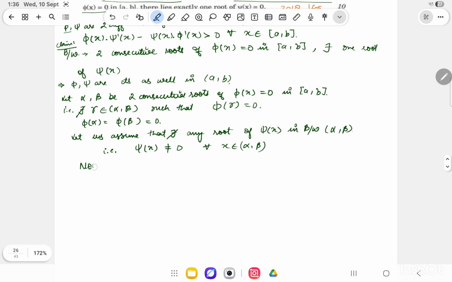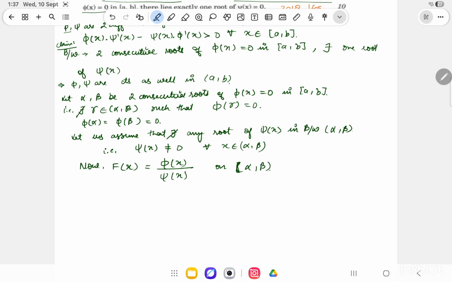Now if that's the case, I can assume a function capital F x as phi x upon psi x, and this function is defined because phi x and psi x are both continuous functions. I am assuming this function on [alpha, beta].